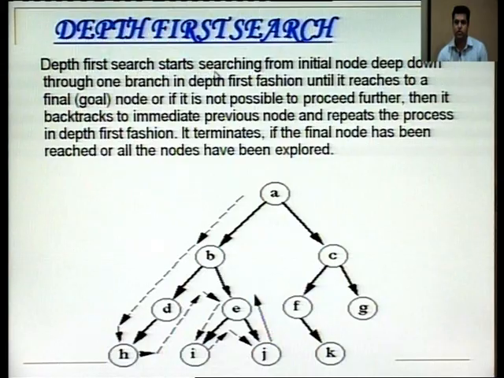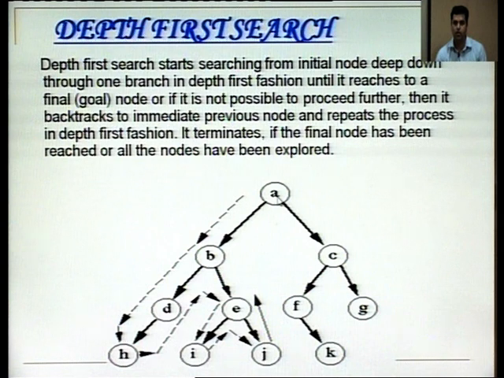Depth first search starts searching from the initial node deep down through one branch until it reaches a final goal or node, or if it is not possible to proceed further, then it backtracks to the immediate previous node and repeats the process in depth first fashion. It terminates if the final node has been reached or all the nodes have been explored.